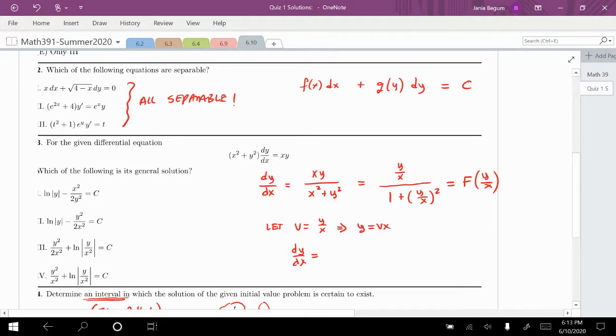Then you can differentiate that using the product rule, so dy dx would be v plus x dv dx, and then you just continue. I hope that makes sense. Let me know if you have any questions.